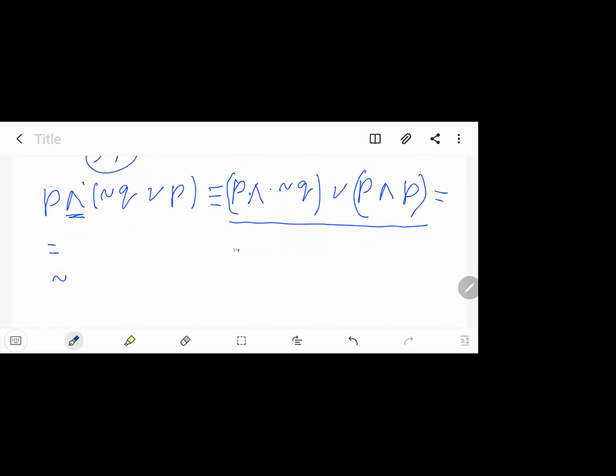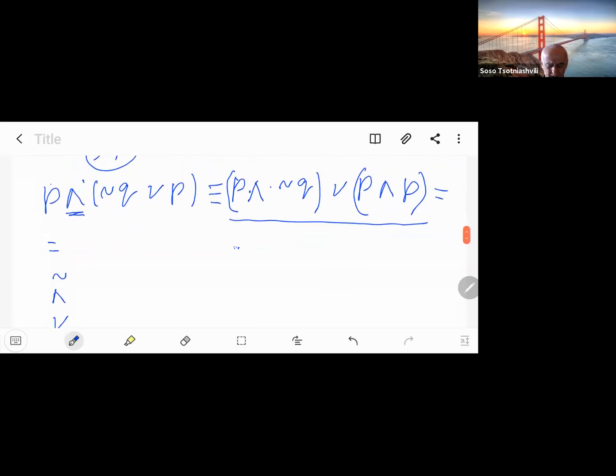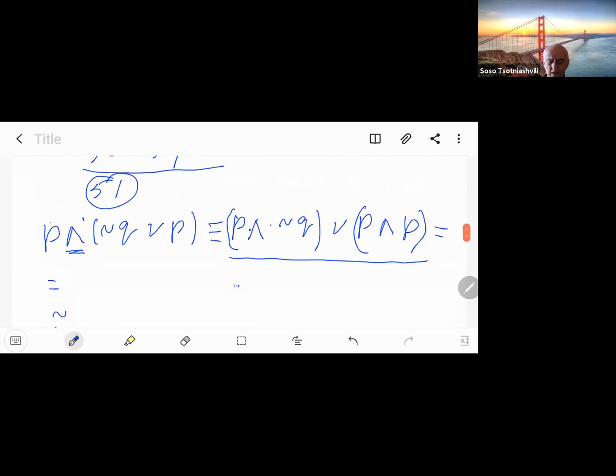First, it's negation. Next, conjunction, disjunction, and then implications, and I will discuss it later. It will not change anything because this conjunction and this conjunction have precedence over this disjunction. But I wrote parentheses for more visualization.